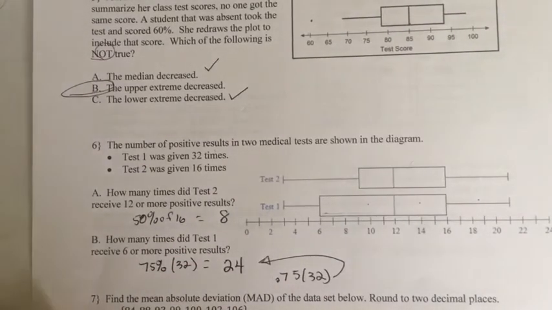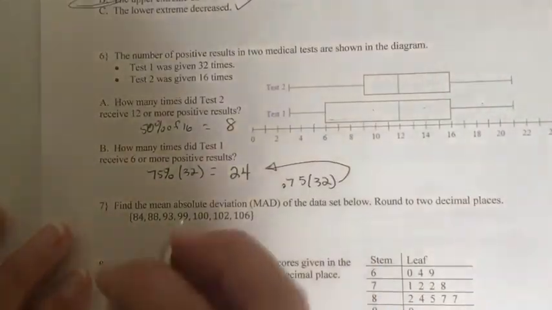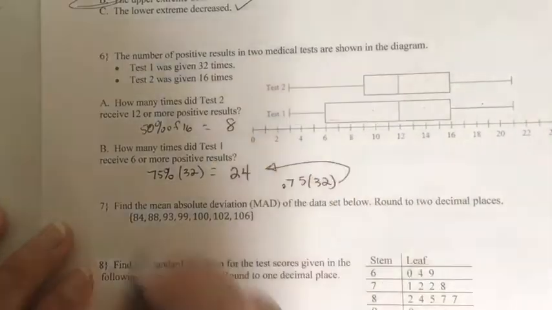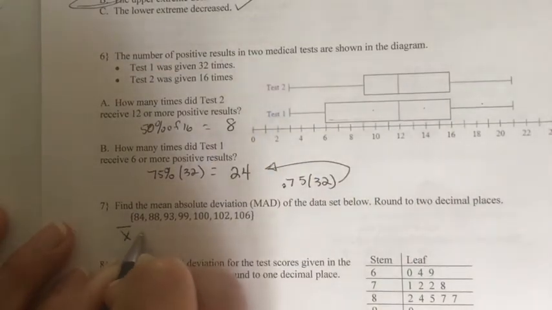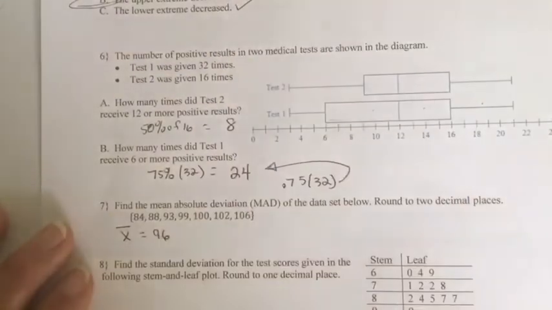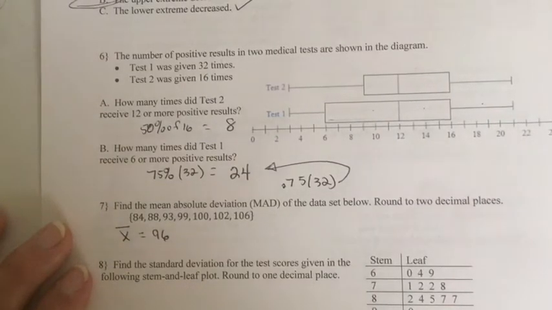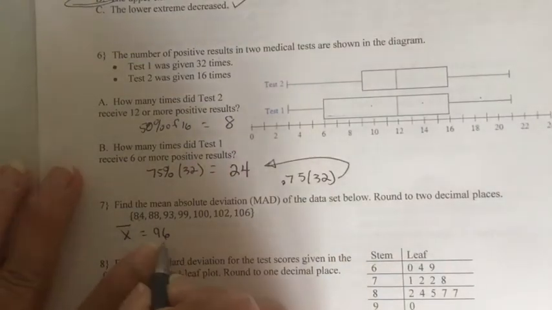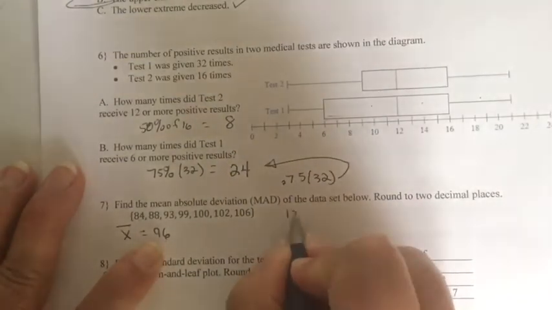Okay, for number 7, for the MAD, you need the average. Add them up and divide by how many you have. I'm going to go ahead and put it in the calculator and get an average of 96. Now for the deviation, you have to figure out how far away each score is from the 96. So from 84 to 96 is 12.